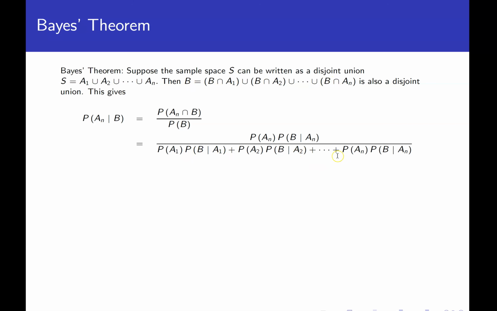That's where the plus signs are coming from. And then we're writing each of the intersections as a conditional with the A sub i as the given information. Okay, so that's all this is, and this looks a lot like what we just did in the previous example, just as a general case.